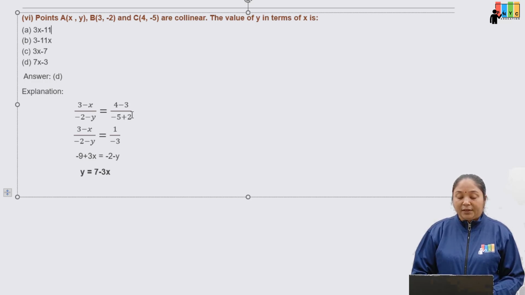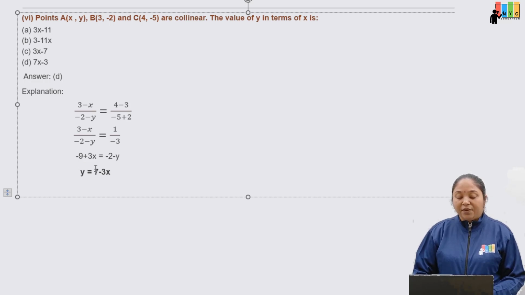So what do we get? Putting in the values, we get (3 − x)/(−2 − y) = (4 − 3)/(−5 + 2). Solving this, we get an equation in terms of x and y. What we get: −9 + 3x = −2 − y.